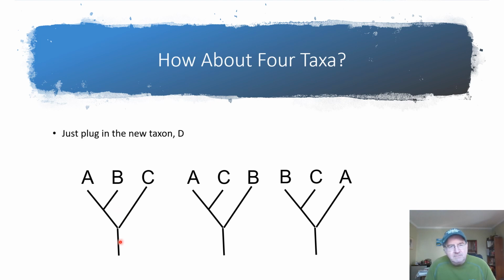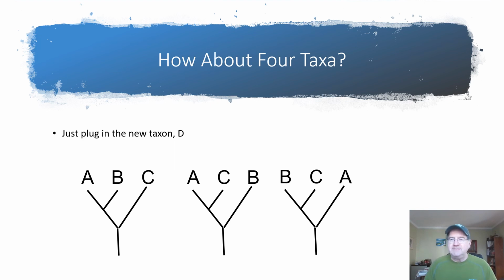Or maybe it's coming off down here. So I have 1, 2, 3, 4, 5 different possibilities to put D on this tree. 5 over here and 5 over here. And so you can see that the number of possible rooted trees for 4 taxa is 15. So for 3 taxa it's 3, 4 taxa it's 15.